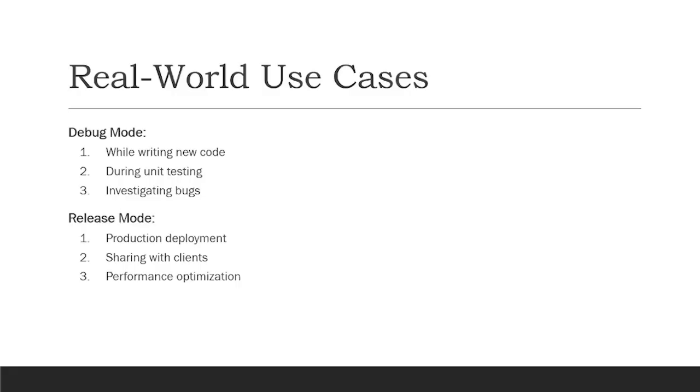And release mode is mostly for once your application is developed, you have to release it into the production environment. So while doing production deployment, release mode is useful. Even when you have to share your exes, your application, with some other clients, the clients are not interested in going through the code and the values.